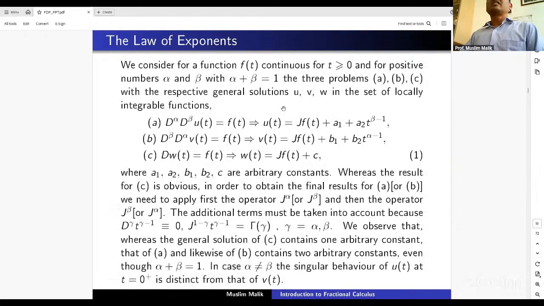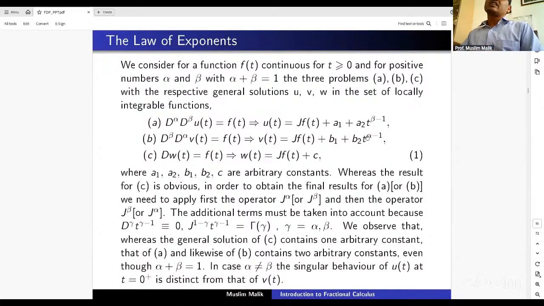So here you can see also that for functions in the set of locally integrable functions, locally integrable means they are integrable not on the whole set, but on a subset. So in that case, if they are locally integrable, then we can find that our integral over this interval will be small.